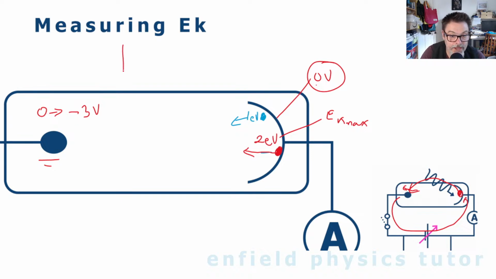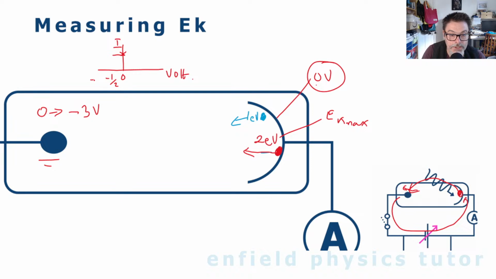Now what we'll get then as we do this is a little graph like this. So here's current in the ammeter, and along the bottom we've got voltage. So when we've got 0 volts, both those electrons will arrive, and so we'll have a nice current. As we increase this voltage, let's say we've got -0.5 now, both electrons are still going to arrive, so that current value is going to stay the same.